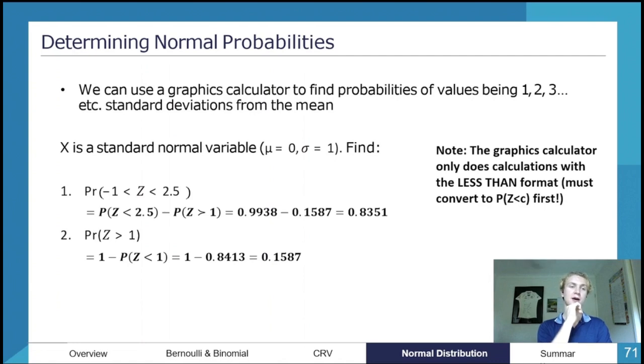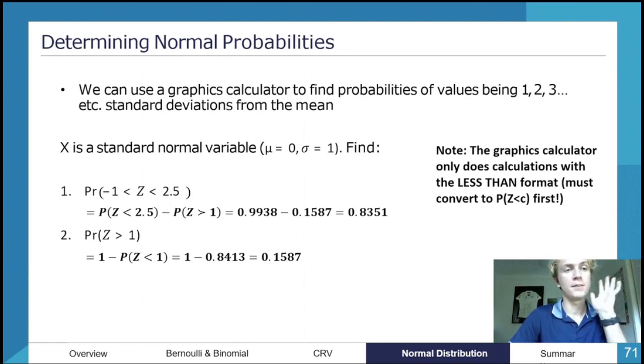So here, if we're finding the probability that Z is between -1 and 2.5, to do that, we first of all find the probability that Z is less than 2.5 minus the probability that Z is greater than 1, equals 0.938 minus 0.1587. How I calculate those probabilities is using the calculator, but you also have to memorize them.